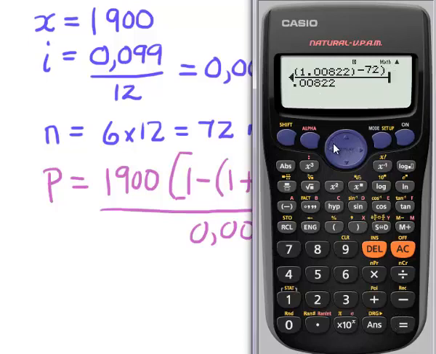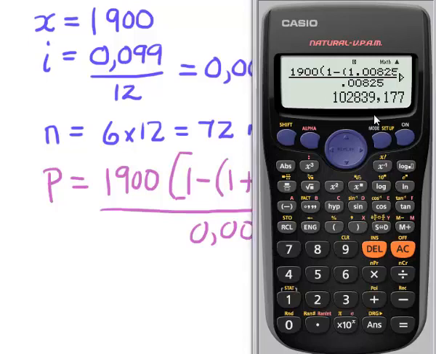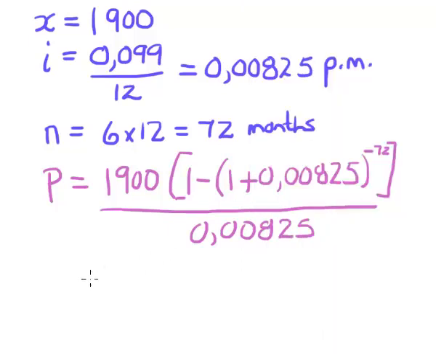I made a mistake there. Let's go back in there to 5. Okay, so that gives us, so he's got 102,839 Rand, 18.